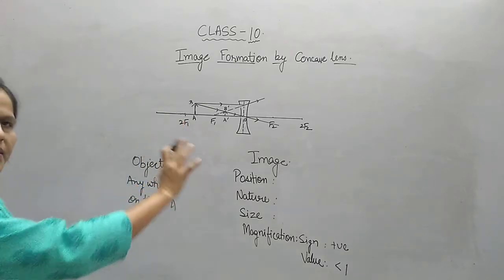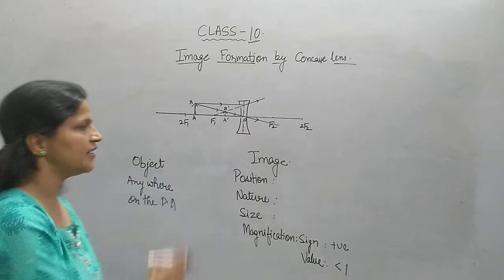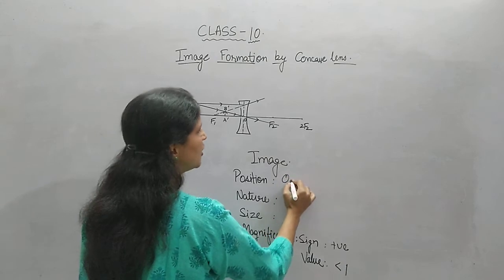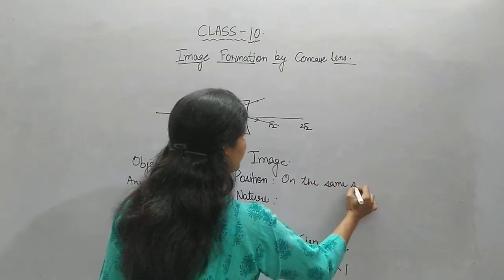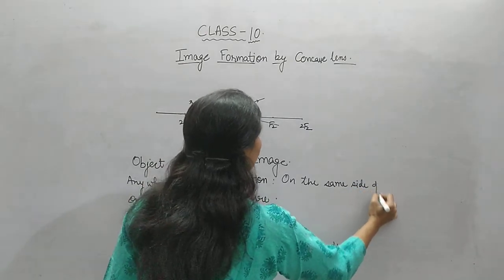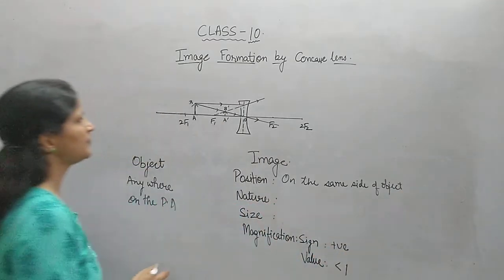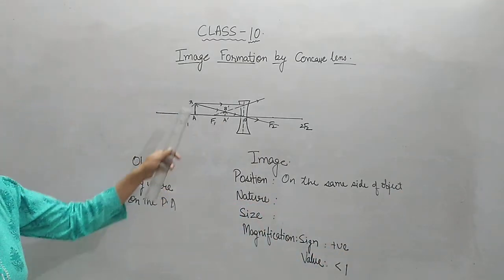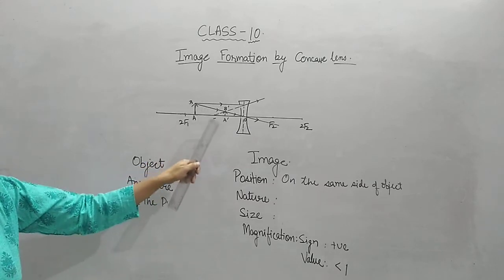you place the object anywhere and you will find that the image is formed on the same side. Position: where is it coming? On the same side of the object. Then the image which is formed is smaller in size, and it is a virtual image.